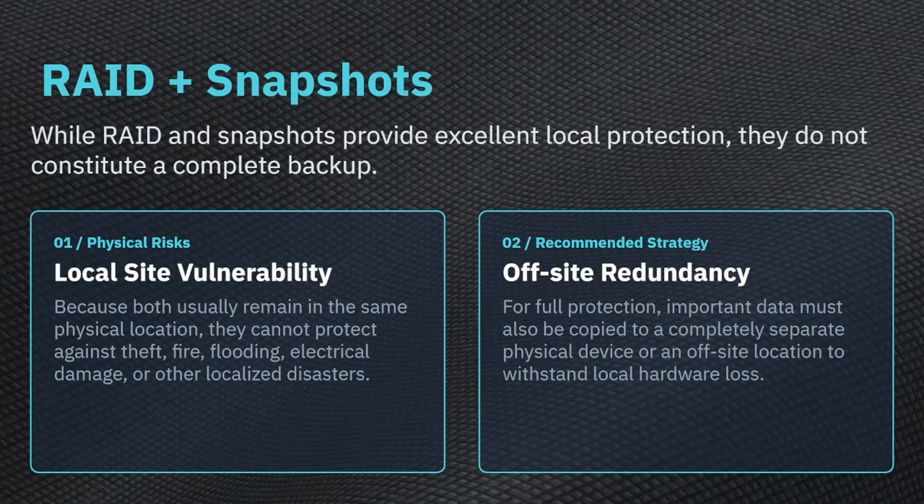So that's why for a full backup scenario, you need another copy of it somewhere else, preferably completely separate, in a different physical location. So if you do have fire, flood damage, theft damage, whatever, you can still recover your data.